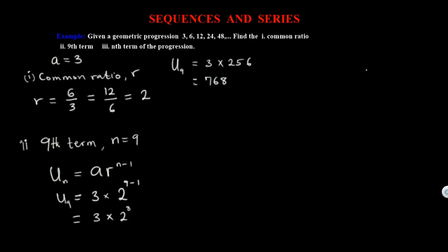And lastly, we are to find the nth term, which is the general formula that can be used to solve for any term at all. Remember, the nth term of a GP is equal to the first term multiplied by the common ratio raised to the power of n minus 1. So for the nth term, we don't know what n is.